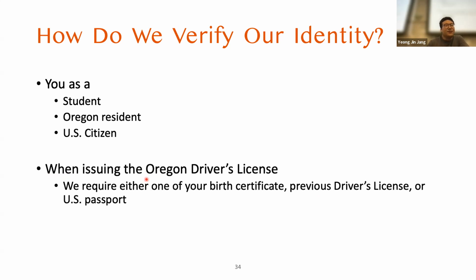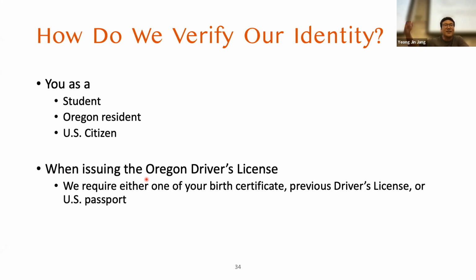And when we issue the Oregon driver's license, if you renew your driver's license, it's okay to bring your old driver's license. But if you don't have that kind of previous ID, then you need to bring your birth certificate or US passport so that you can prove your identity.